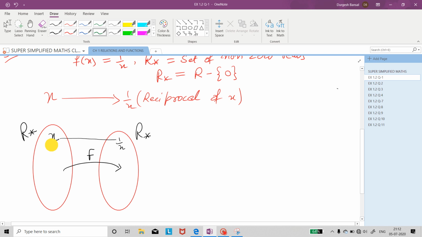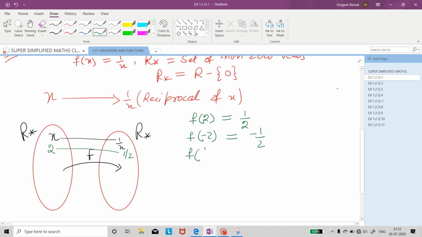If you take the element 2 here, what is its image going to be? Its image is going to be 1 by 2. Or I can say, if I apply f on 2, I am going to get 1 by 2. And if I apply f on minus 2, then I am going to get minus 1 by 2.